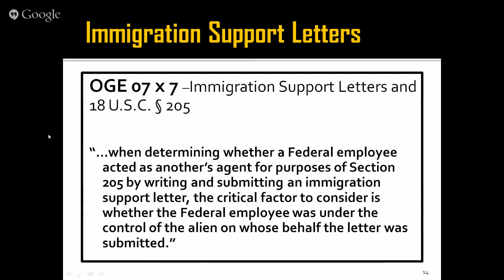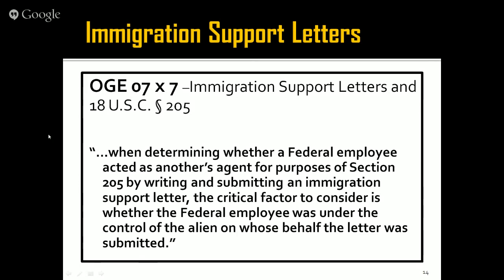Right. So an example, I think, of where you might have a question about whether or not the employee was actually under the control of the person on whose behalf they're writing the letter would be, let's say that the person seeking the immigration support letter actually just provided a template to the employee and said, fill in your name and your address, but they've basically written the entire thing and provided the entire content of what is to go into this letter, and this employee was just asked to put in their personal information.